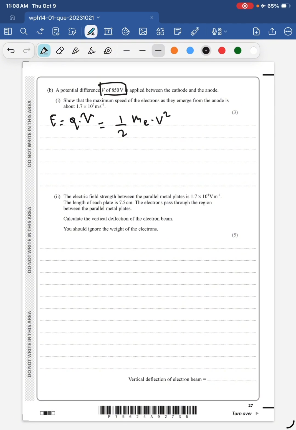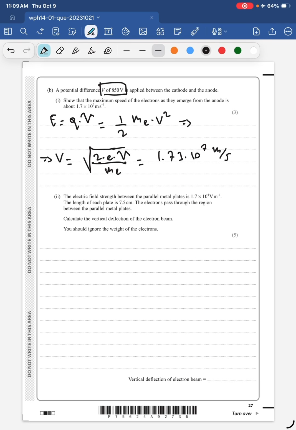If we solve for v, we find the square root of 2 times the charge of one electron times that voltage over the mass of one electron. If you plug numbers in, you will find 1.73 times 10 to the 7 meters per second, really close to what they are asking.